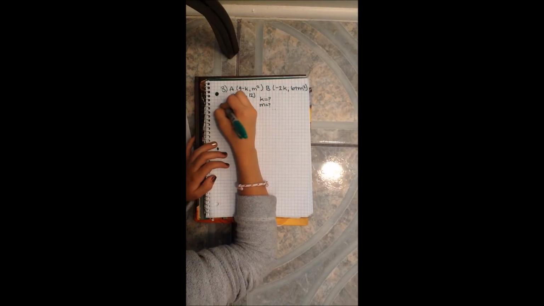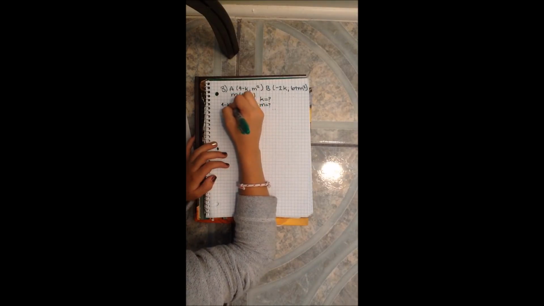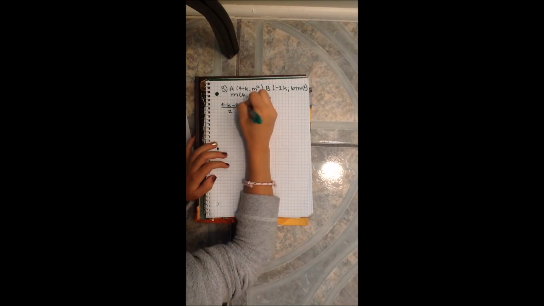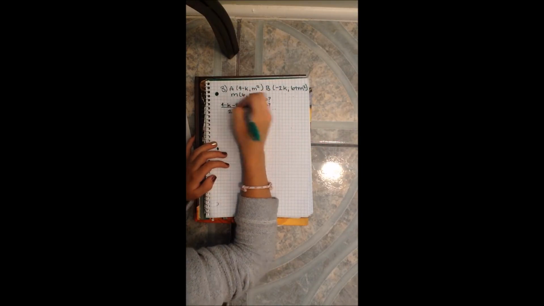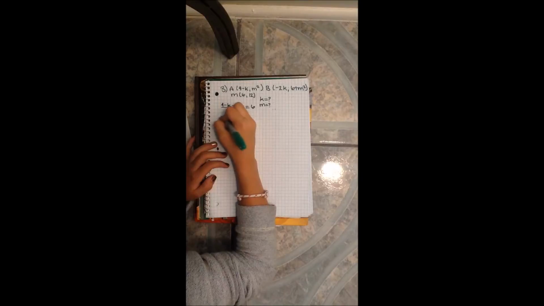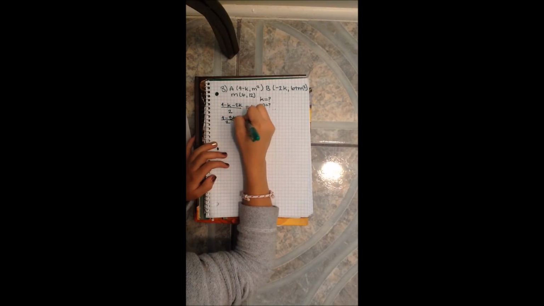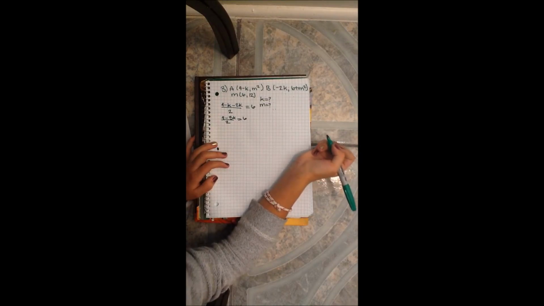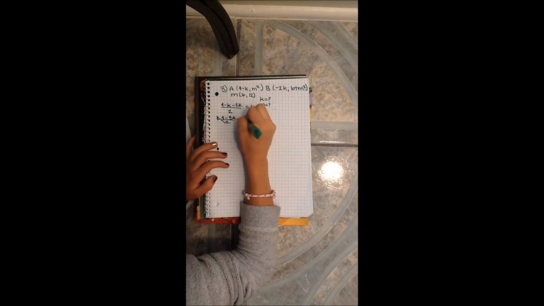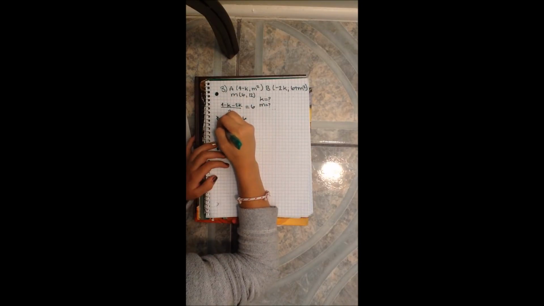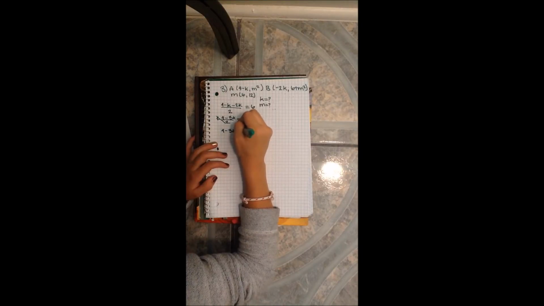4 minus k minus 2k over 2 equals 6. If you simplify it, 4 minus 3k over 2 equals 6. You want to get rid of your 2 first, so you multiply times 2. Multiply this times 2 as well, so it would be 4 minus 3k equals 12.